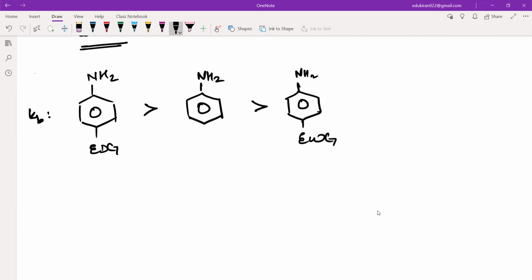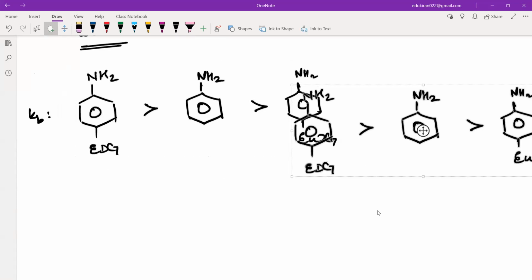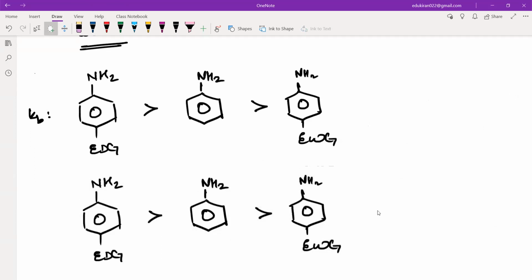ठीक है, इस तरह का एक सवाल पूछा गया था आपका. AB का ही ऑर्डर पूछा था. It had here a CH3 group, यहाँ पे था एक NO2 ग्रुप. ठीक है, तो इन तीनों का ऑर्डर पूछा गया था. तो KB का ऑर्डर यही होगा, that CH3 will be highest.